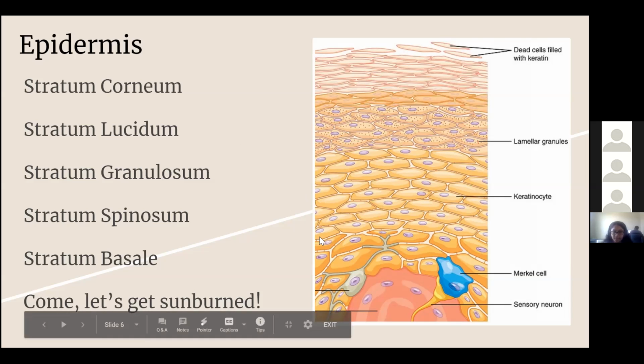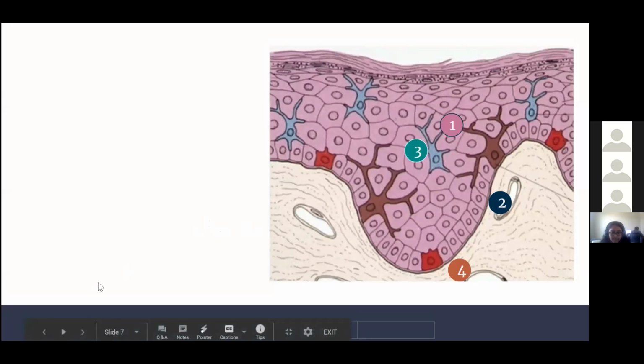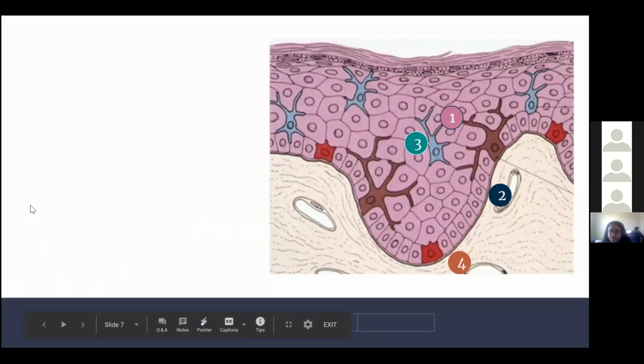Okay, I'm going to go on to the next slide. We did say that the first one is keratinocytes. Can anyone guess what the second cell is?